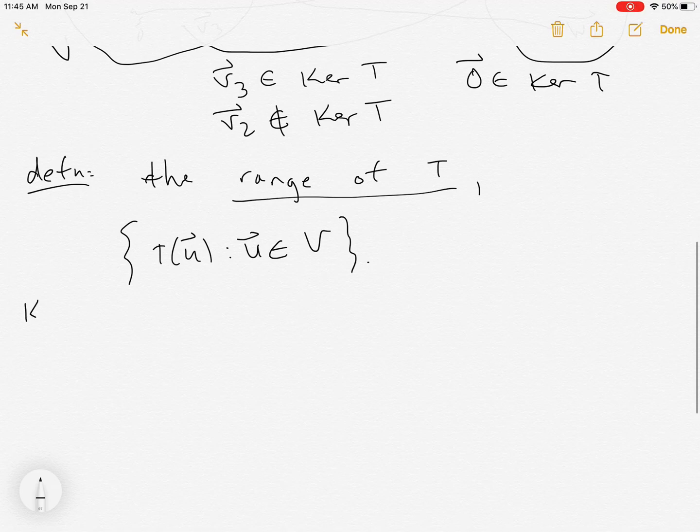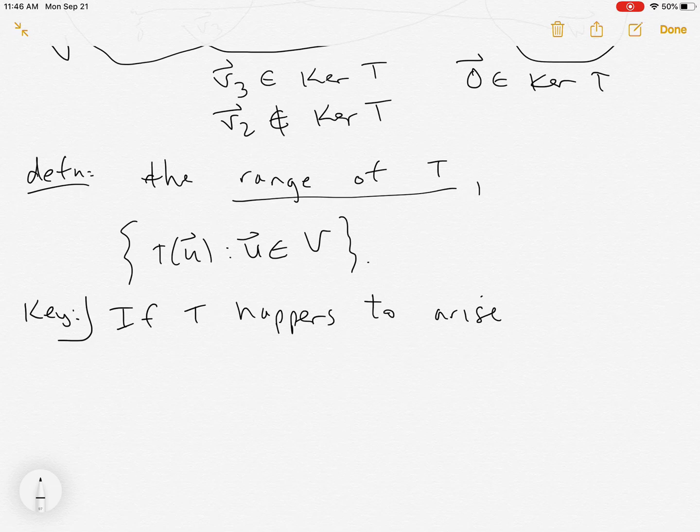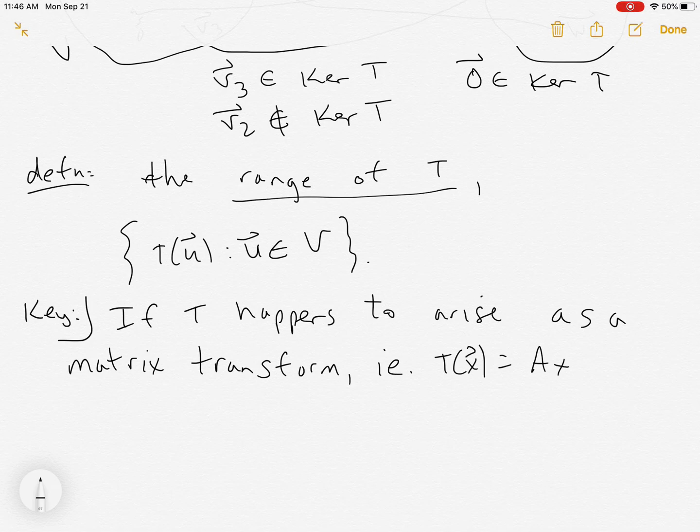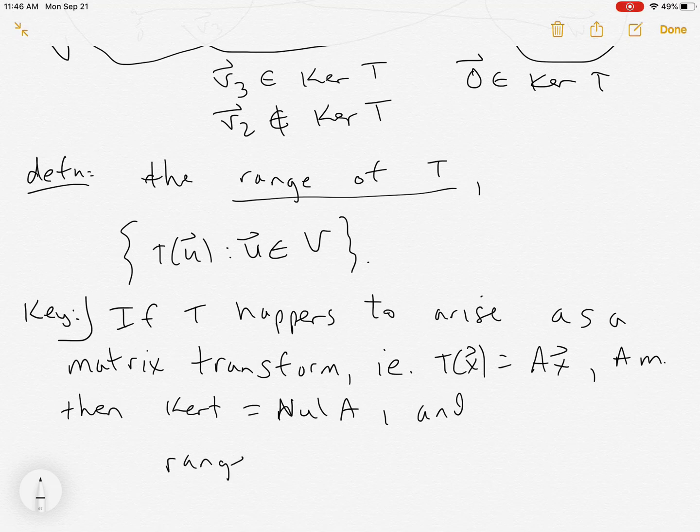So to tie this together, key note: if T happens to arise as a matrix transform, i.e. T of x equals A x for some matrix A, then the kernel of T is just the null space of A, and the range of T is just the column space of A. Okay?